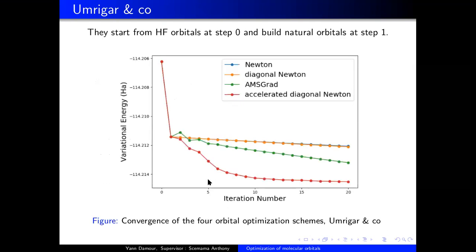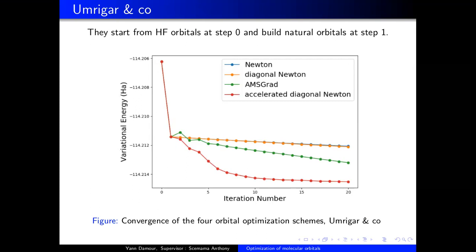So the results of Umrigar and coworkers are here. For the Newton method and the diagonal Newton method, we have pretty similar results. So the use of the diagonal Hessian is a good idea because it's easier to compute. But we have a linear convergence.